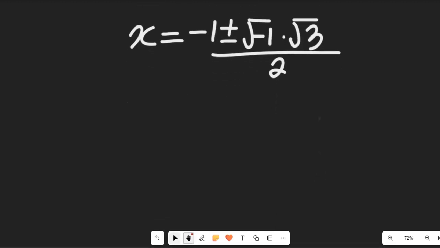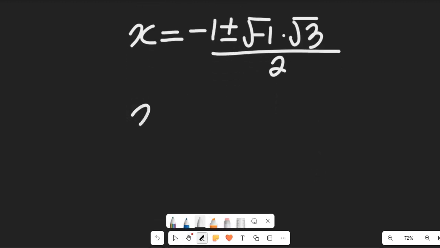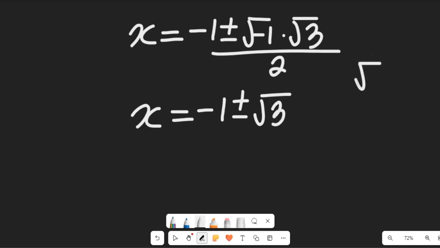Recall, according to complex numbers, the square root of negative 1 is equal to j. So this gives us negative 1 plus or minus the square root of 3 times j, divided by 2, and this is another solution to that mathematical expression.